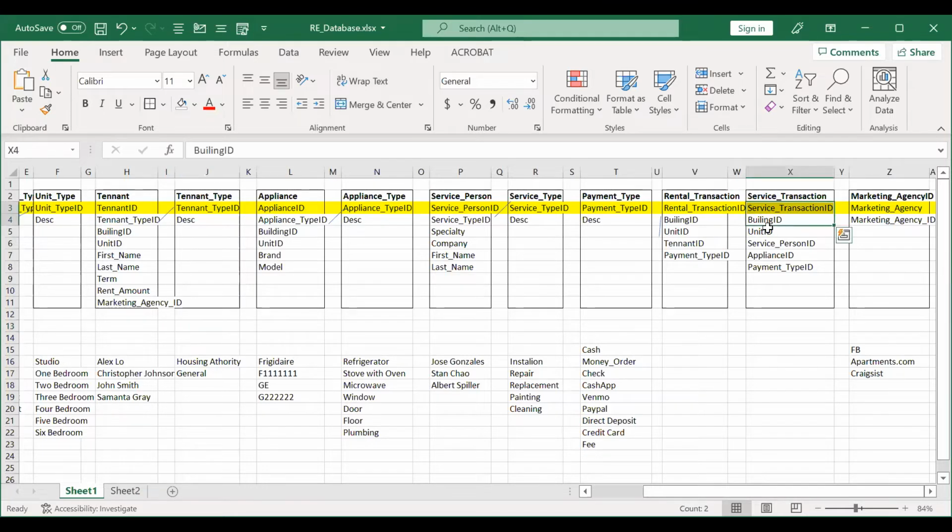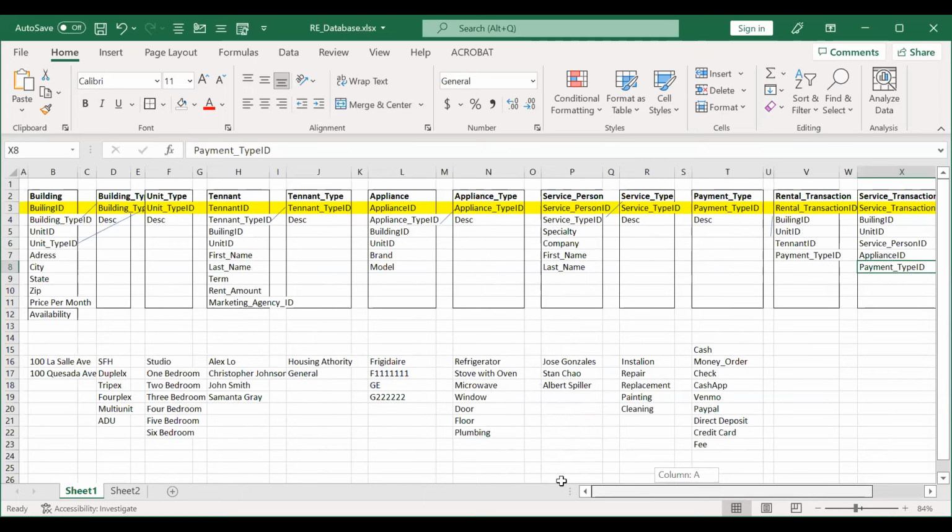You know how to join building ID with the first table, unit ID also with the first table, service person ID, payment type ID, it's related to the payment. It's like this, right? So this would be joined with this. Okay. Do you guys have any questions?